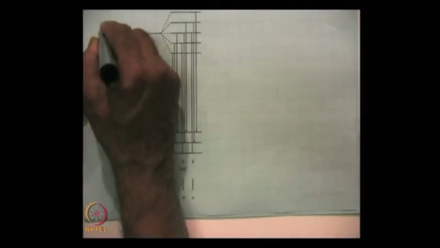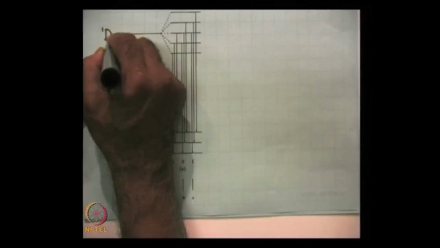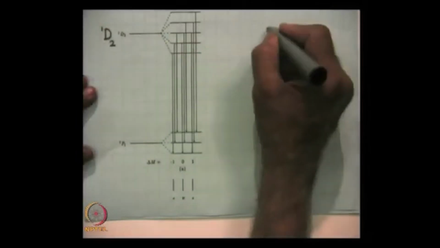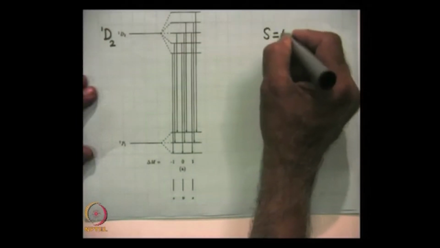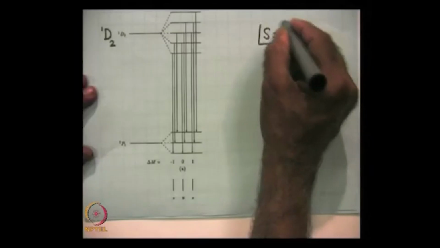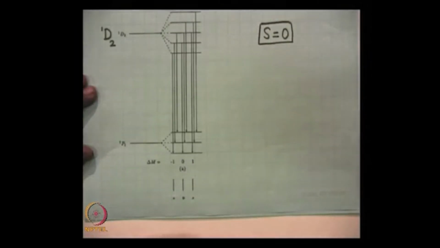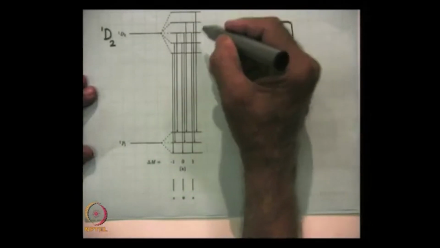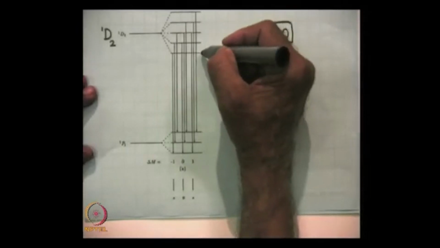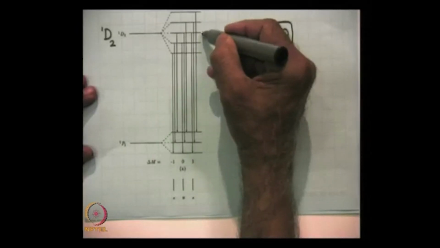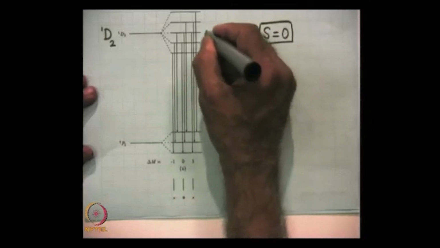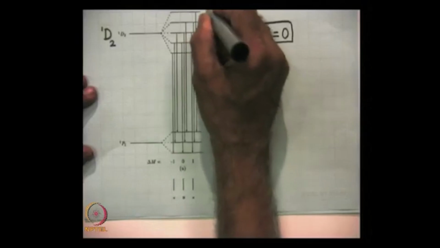L is 2, singlet means S is equal to 0, so we neglect spin. Because L is 2, m will be minus 2, minus 1, 0, plus 1 and plus 2.